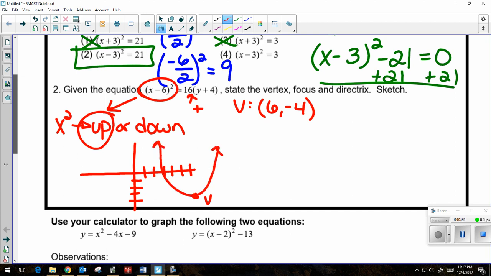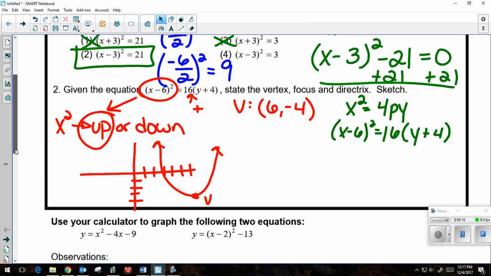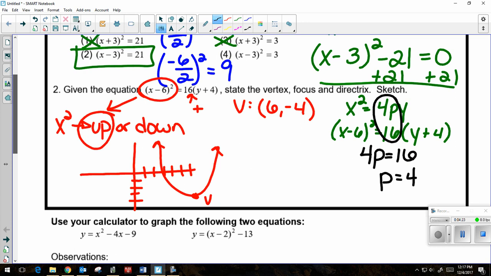So now to find my focus and directrix, I need to know what p is. The equation that you need to memorize is x squared equals 4py. So if I rewrite this, that's what they gave me, the 4p is really 16. So 4p equals 16, so that means that p equals 4.